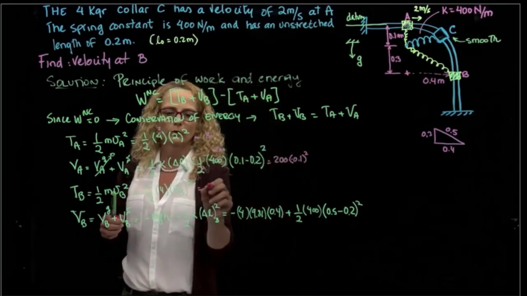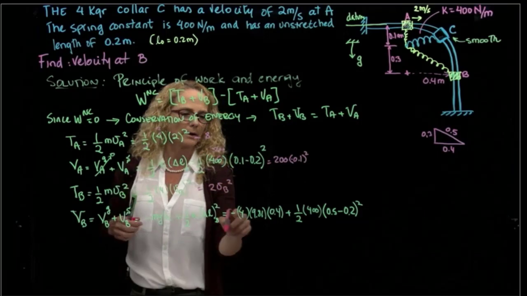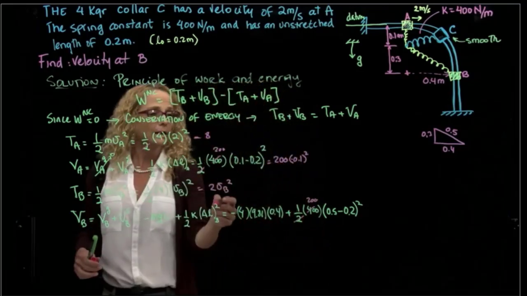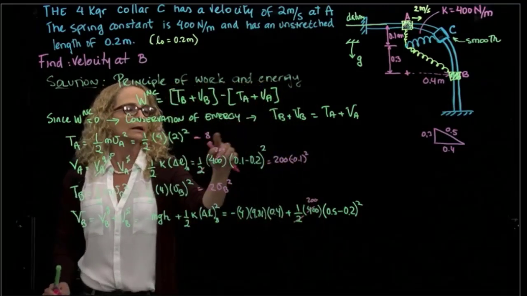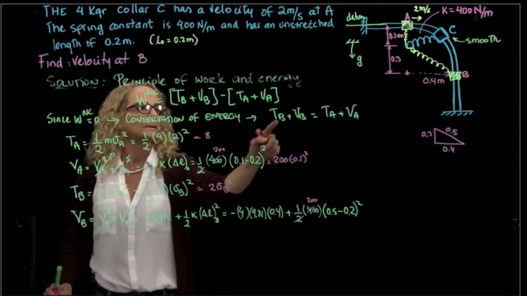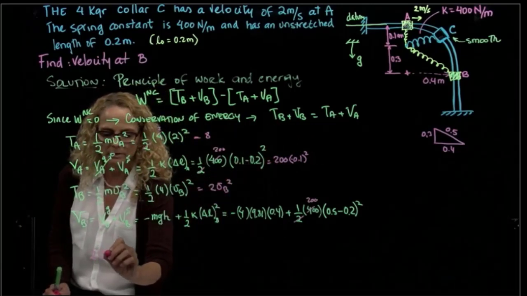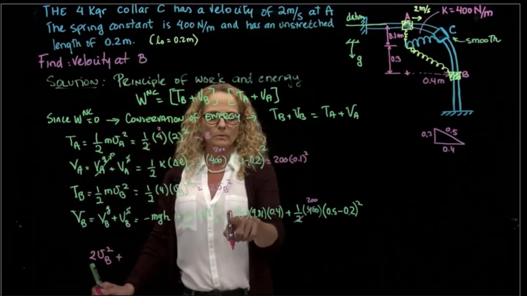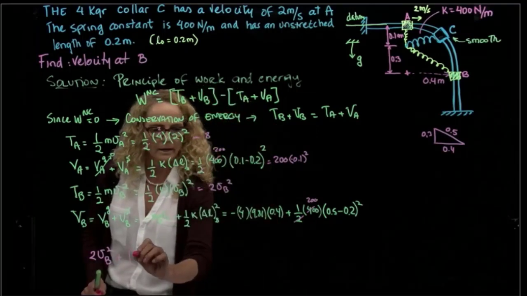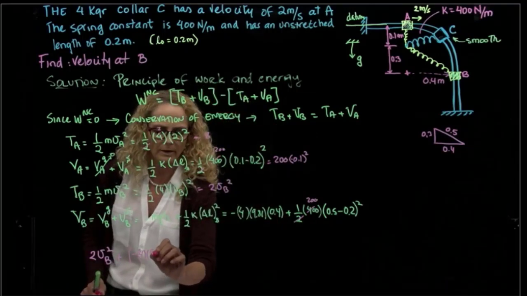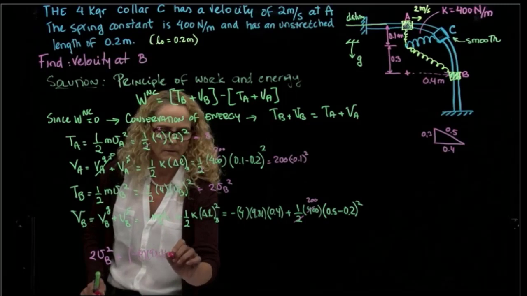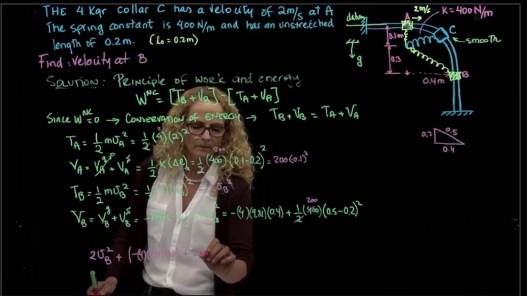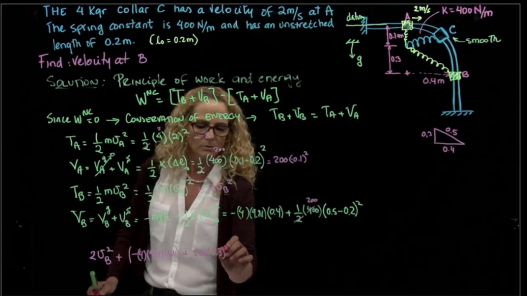Here I have 2 velocity V squared. So if I plug all these values into this equation, I will have the kinetic energy, which is 2 velocity V squared, plus the potential energy, which is a negative 4 times 9.81 times 0.4, plus 200 times 0.3 squared.